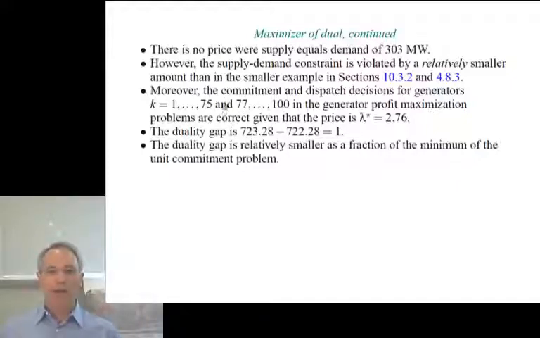So the only generator that we didn't get right was generator 76, given the price lambda star equal 2.76. The duality gap is 723.28 minus 722.28, which is only 1 unit. So the duality gap is relatively smaller as a fraction of the minimum of the unit commitment problem, just as the violation is relatively smaller.